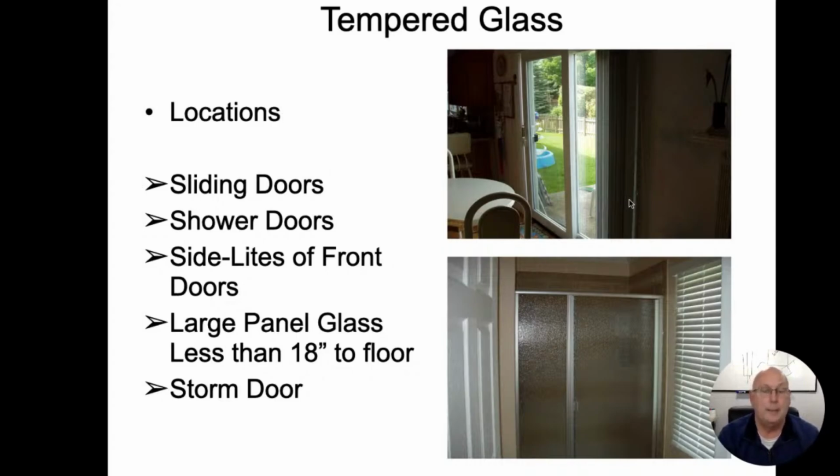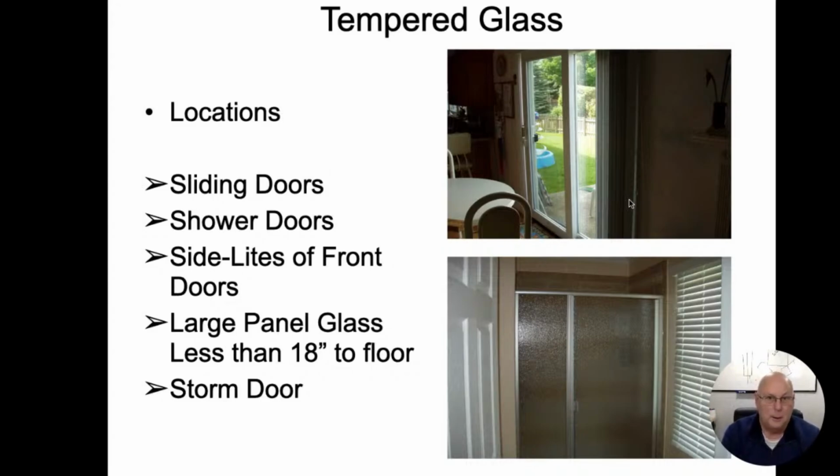All right. For me, I want you to know where the tempered glass needs to be. So basically, it's going to be in any area where we're worried about somebody falling through this window. All right. And the rules have changed. They have become more and more lenient on where tempered glass needs to be.